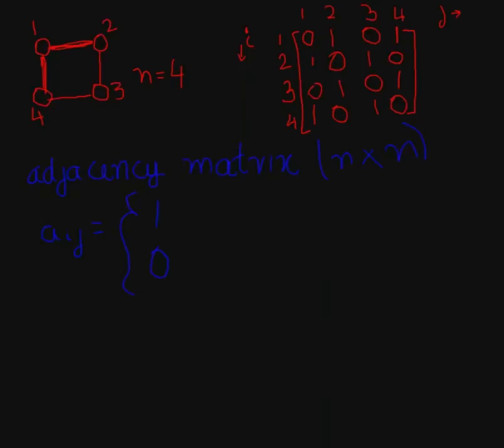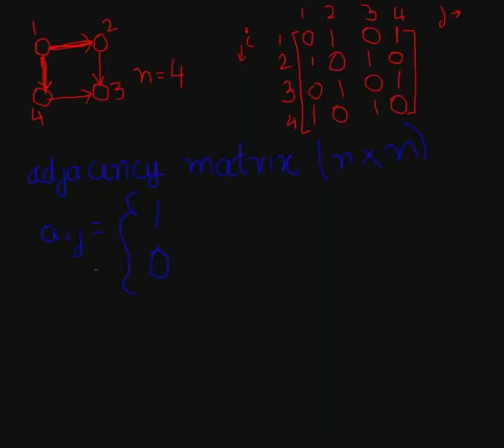I'm going to make it a directed graph now, and 1 is going to point to 2, 2 is going to point to 3, 4 is also going to point to 3, and let's say 1 points to 4. Okay, so this is a directed graph, and we changed this definition by just a little bit. Aij will be equal to 1 or 0, but remember in the case of an undirected graph, Aij was 1 if node i was connected to node j.